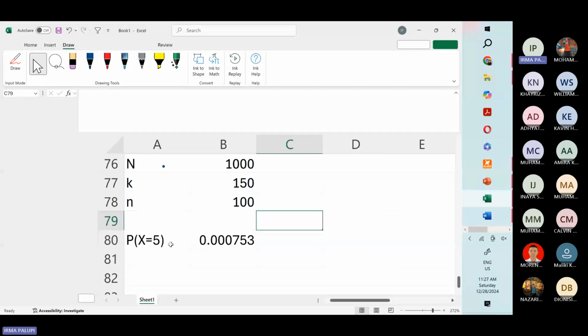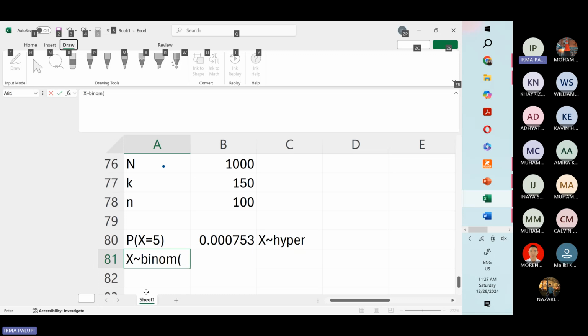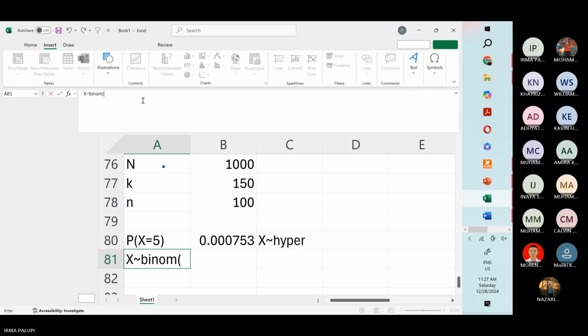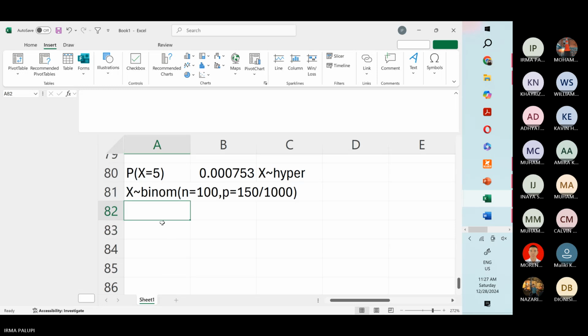This is P(X equal to 5) when X is hypergeometric. We want to check if there is a closer answer when we assume X is binomial. If X is assumed to be binomial, then n, the number of trials here, will be equal to 100, and the probability of success equal to 150/1000.